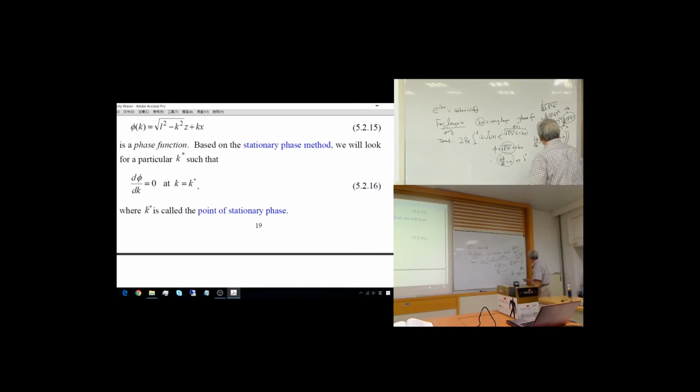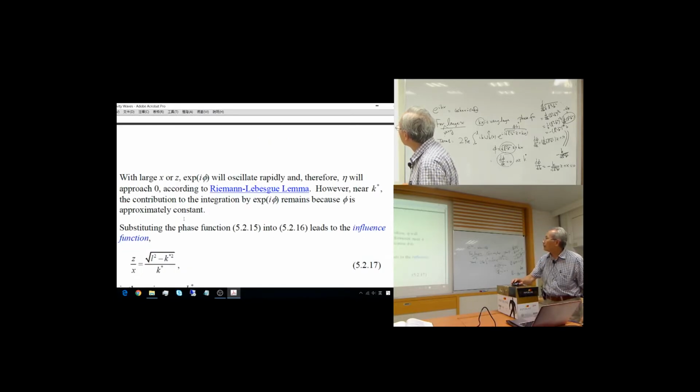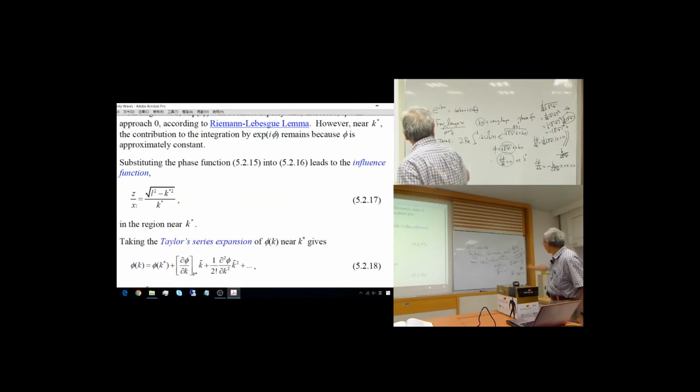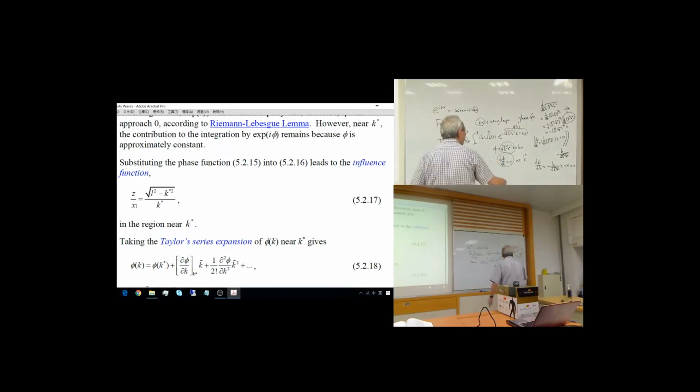And then this will give us g over x equal to L square minus k square. So this one will give us the following.